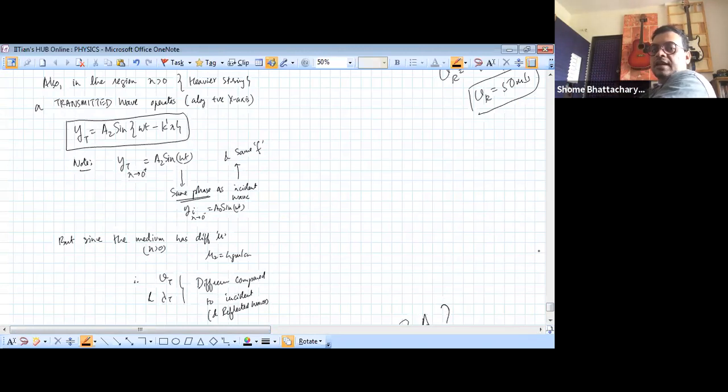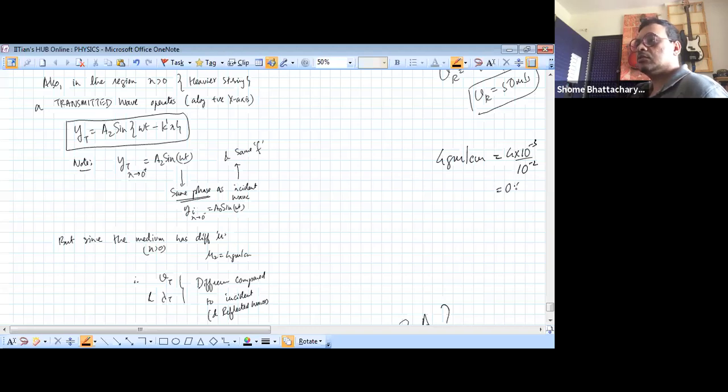Gram per cc, beta is 10 raised to power minus 3 divided by gram per centimeter. 4 gram per centimeter is 4 into 10 raised to power minus 3 divided by 10 raised to power minus 2. Sorry, kilogram per meter.